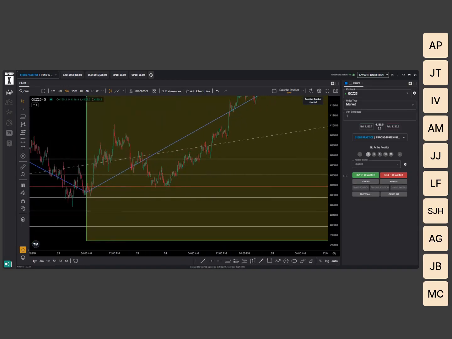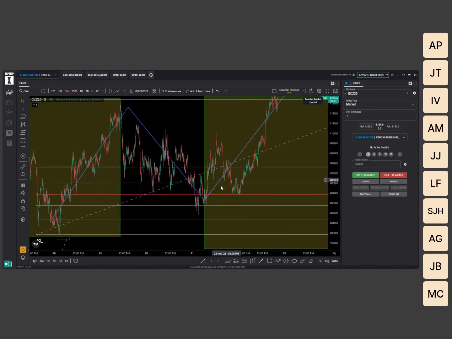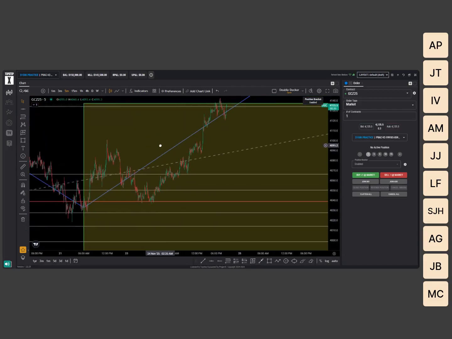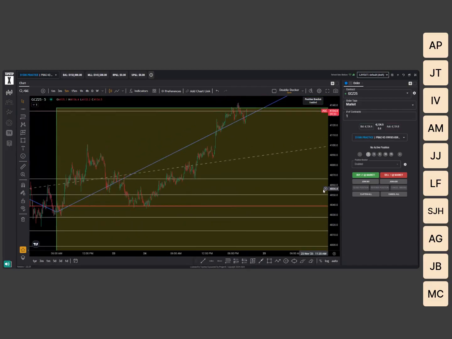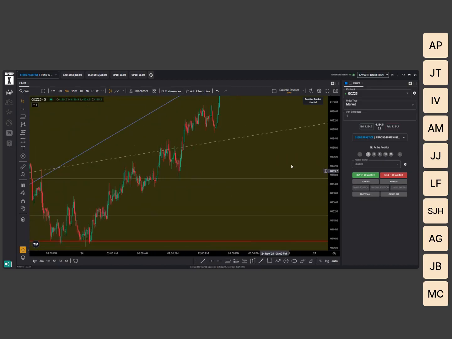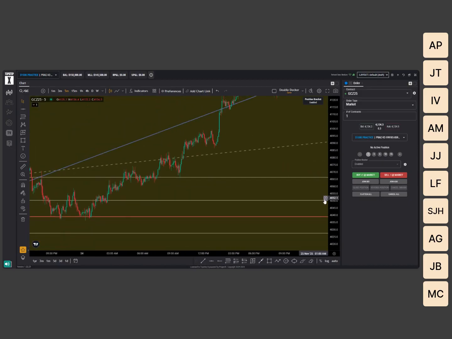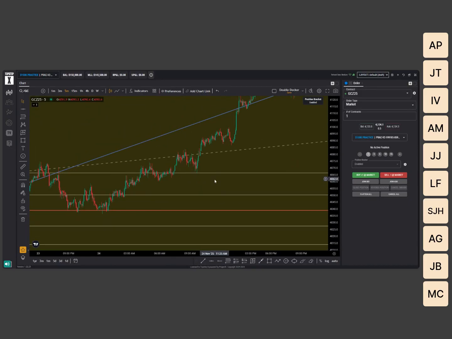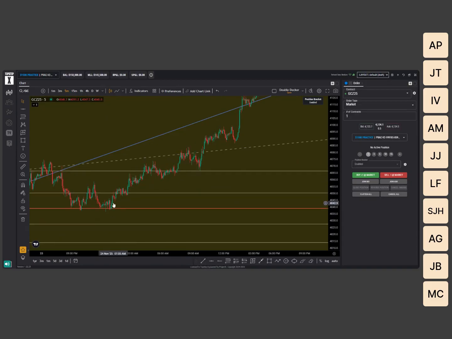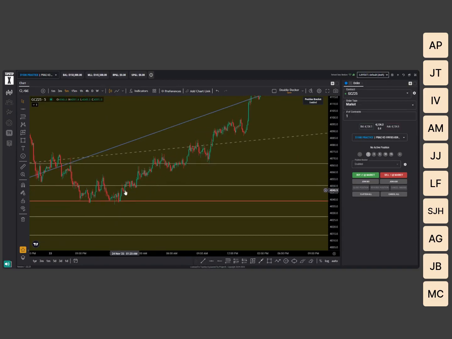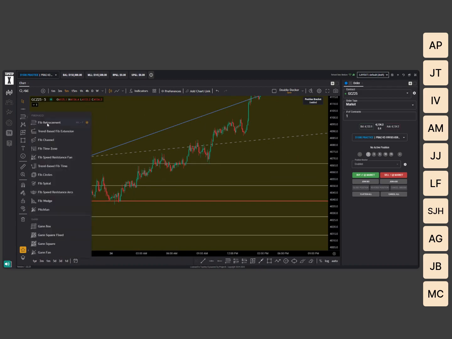So again, we can look to see, all right, our highlighted area after it tapped this order block in 702, right? Again, probably multiple entries here throughout the day. This looks like it came and tapped the 702.